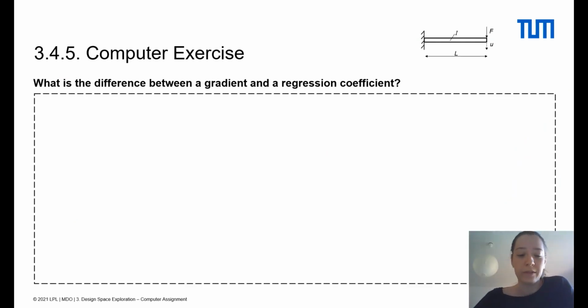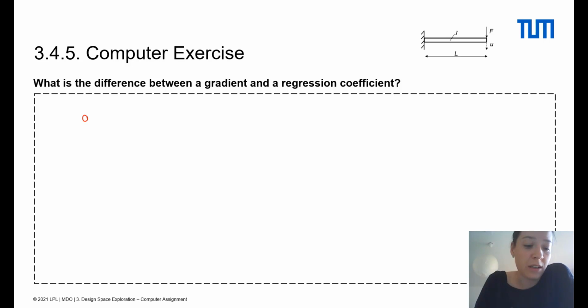Okay, at last we have to answer a little question. What is the difference between a gradient and a regression coefficient? So we know by now that we can't write with a laser pointer.